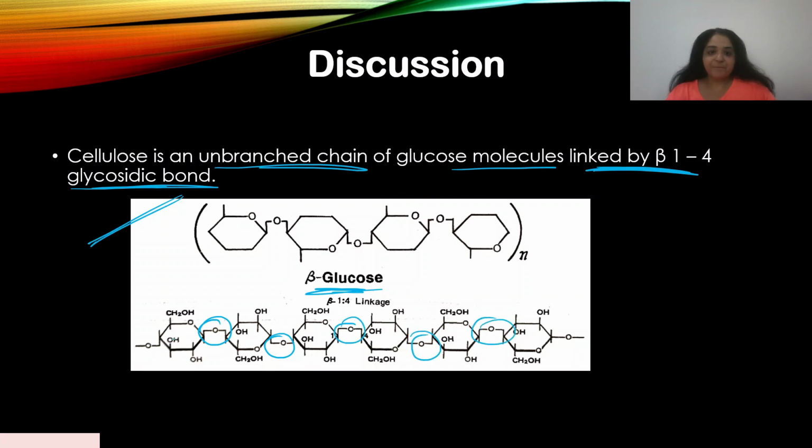This is 1 and this is 4, so there's a 1,4 linkage, and so on. I would suggest you remember it, because they've asked a question on what the structure of cellulose is, so you need to be aware. All right, let's move on.